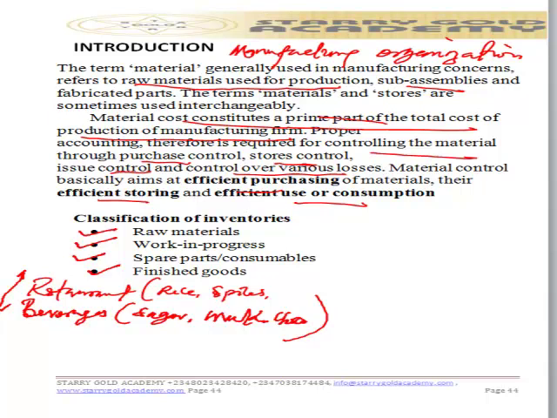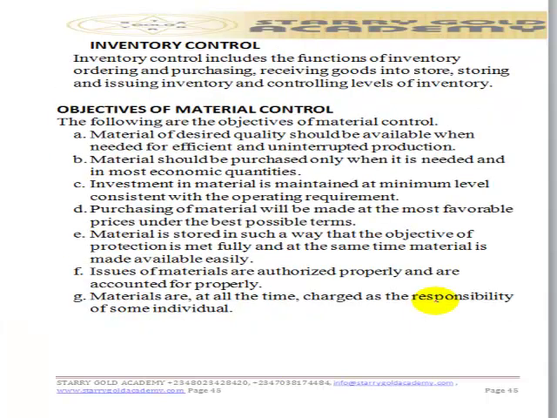So we are going to take a step further to discuss what we call inventory control. How do we control our materials? Inventory control includes the functions of inventory ordering, purchasing, receiving goods into the store, storing and issuing inventory, then controlling the levels of inventory.